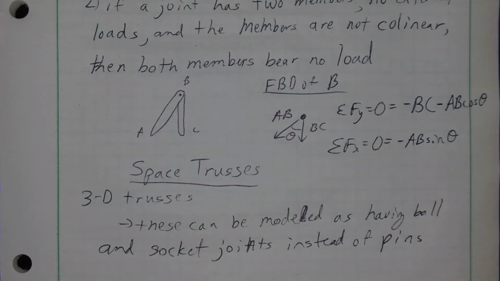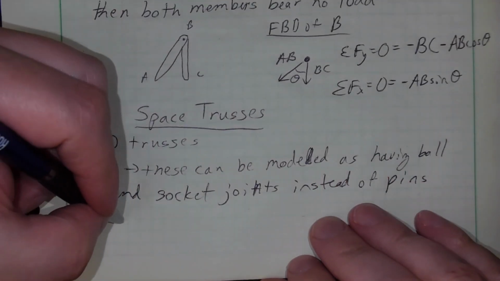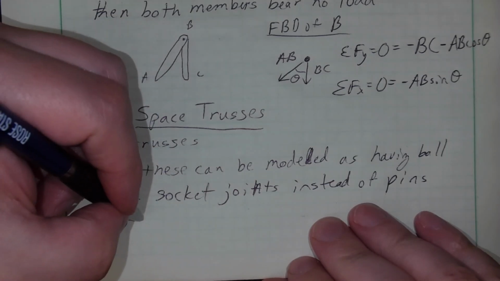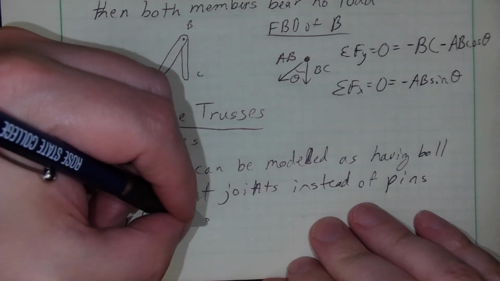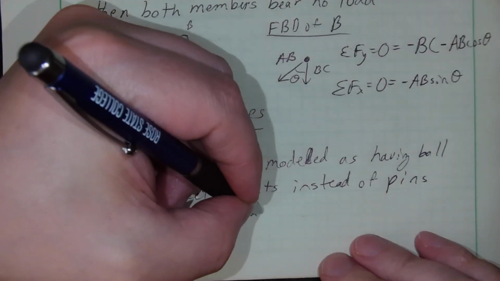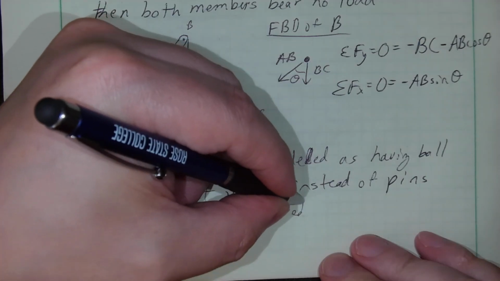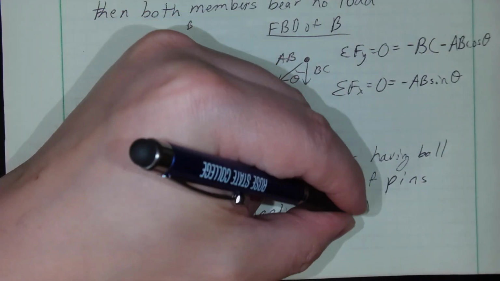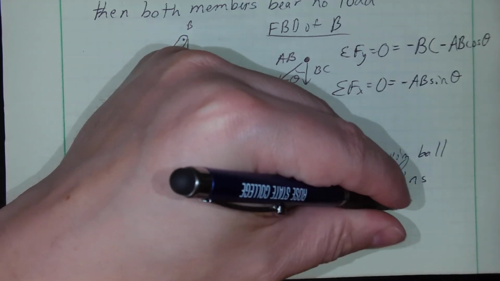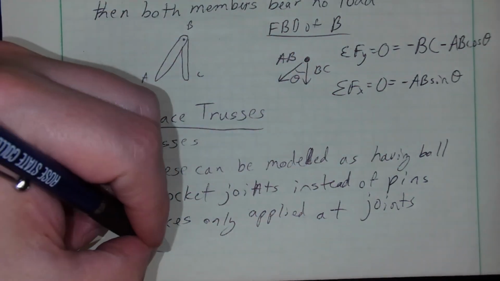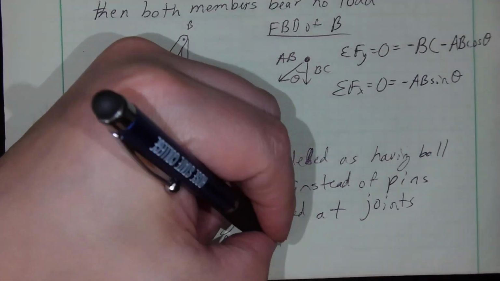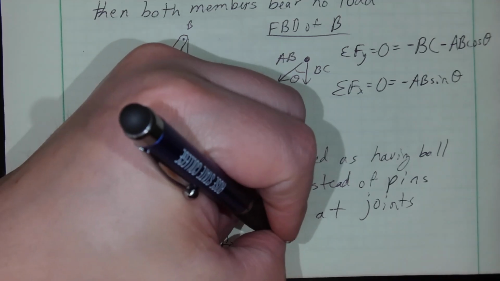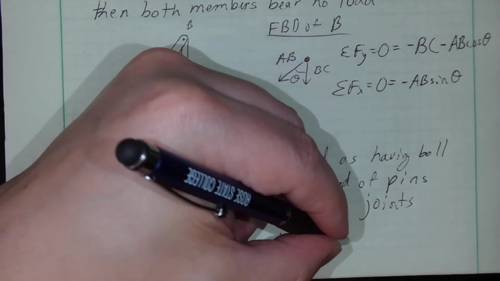But because it's a truss, forces are only applied at the joints, just like we see in a 2-dimensional truss. This makes each member a 2-force member.